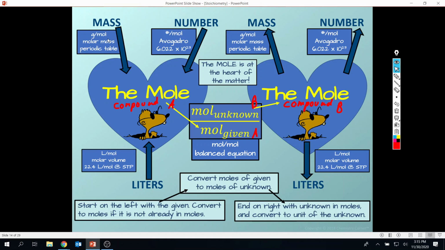Grams to moles, moles to grams, particles to moles, moles to particles. And then we haven't done this part before, but it's there. It's taking this graphic that we've already been using and using it for two types of compounds that are related through the balanced chemical equation. Yes? All right, excellent.